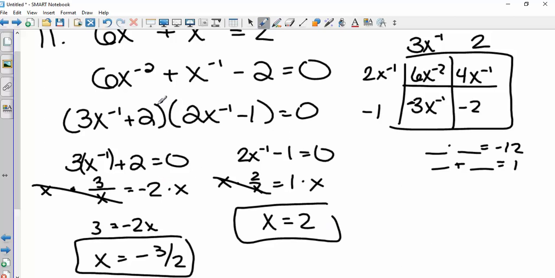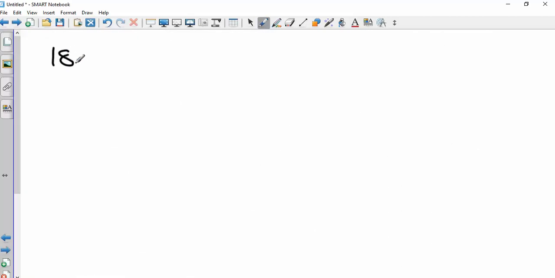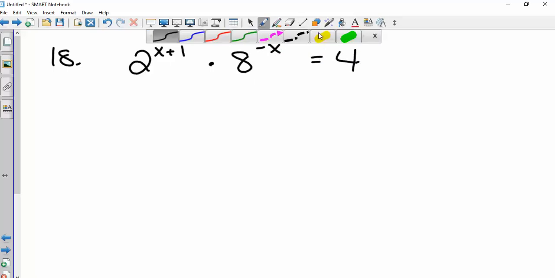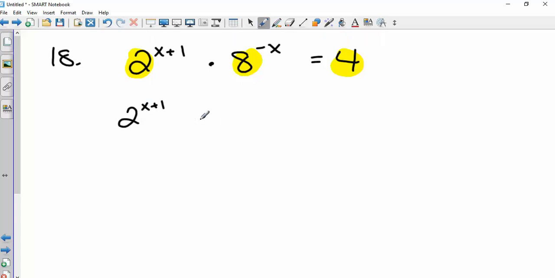One thing on problem 18. I know I helped some of you with this. We have to get a common base for these 3 numbers. What would that be? So we have 2 to the x plus 1, 2 cubed to the -x, and 2 squared. What do you do with those?